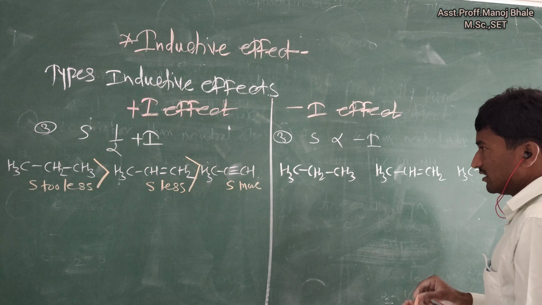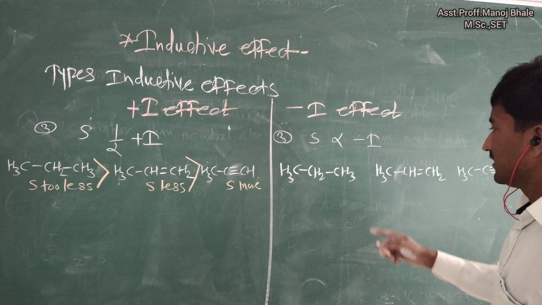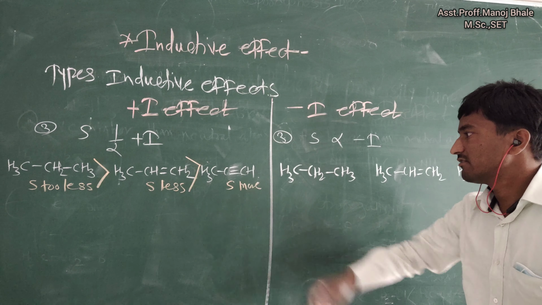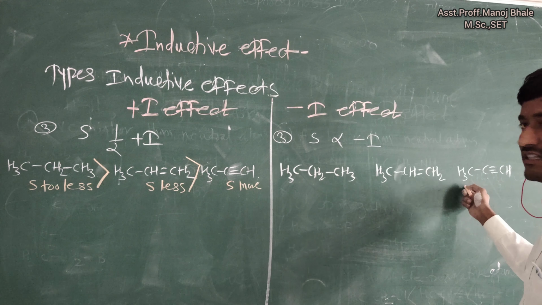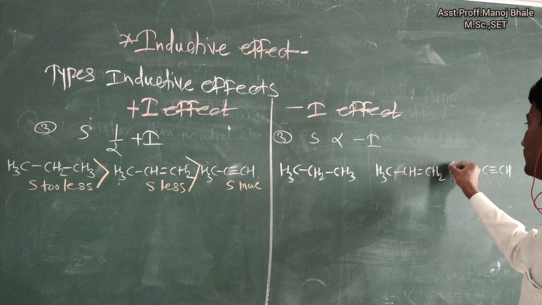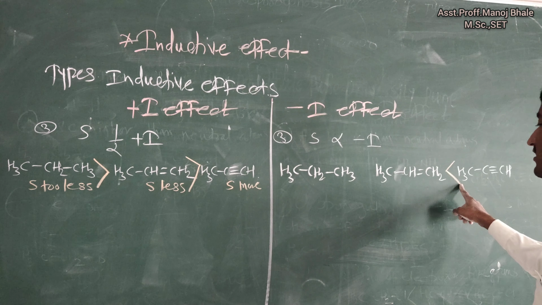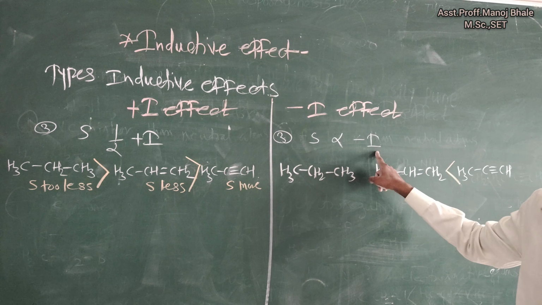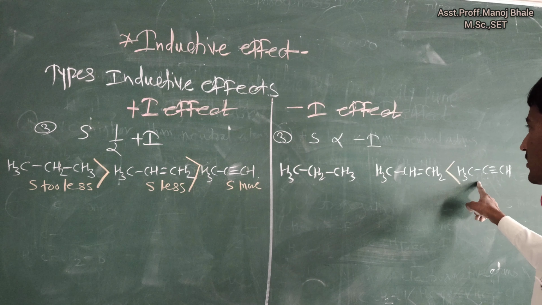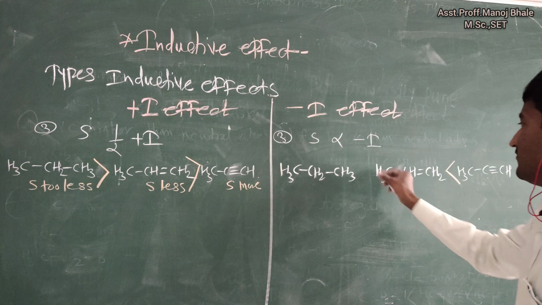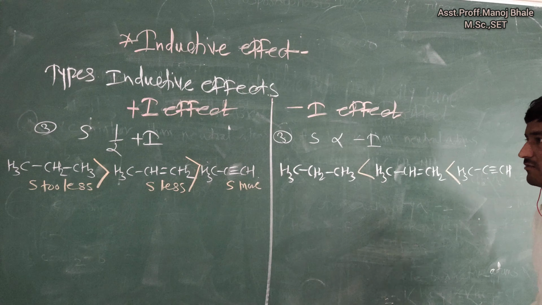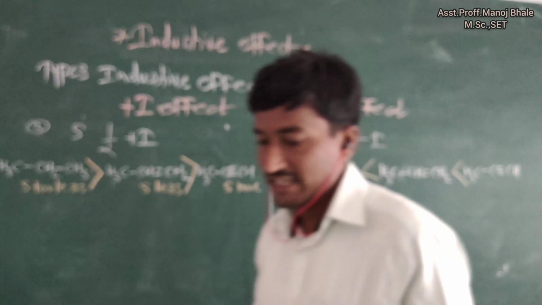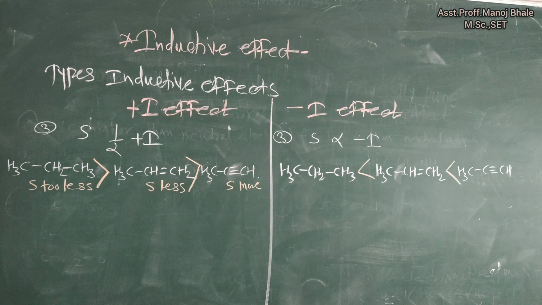If we compare the electronegativity, obviously there is more S character in the third example. That's why the minus I effect is greater in the third example, because it is directly proportional. So more S character means more minus I effect. This is the order about the S character, and this is the third difference.